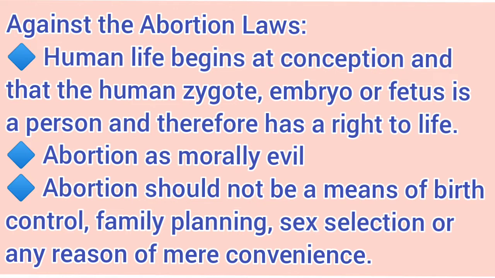Another one, abortion is considered morally evil among different religions and also across different cultures. They also argue that abortion should not be a means of birth control, family planning, sex selection, or any reason for mere convenience. It cannot be considered as, I am going to abort for my own convenience.